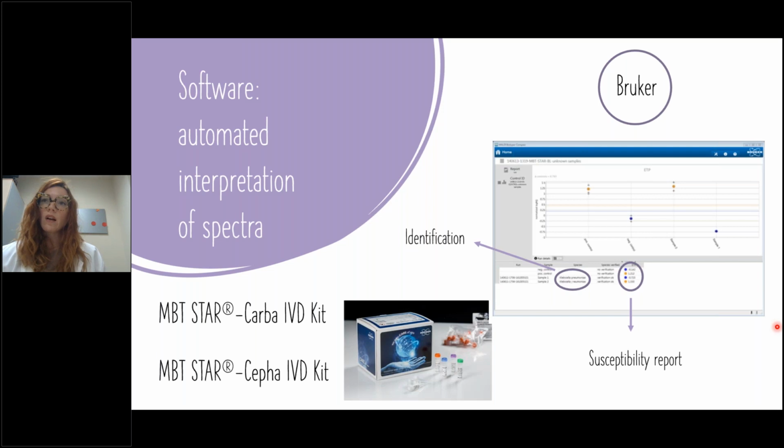It is helpful because it doesn't need any expertise in mass spectrometry. You just have to follow the recommendations that appear in the kit and perform the assay in the equipment as you perform any identification.